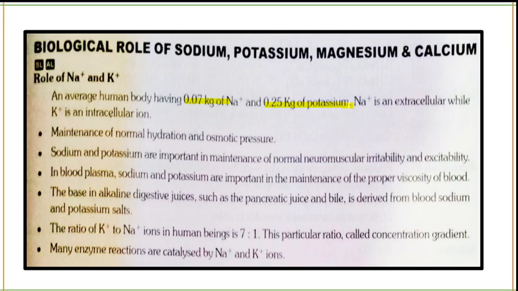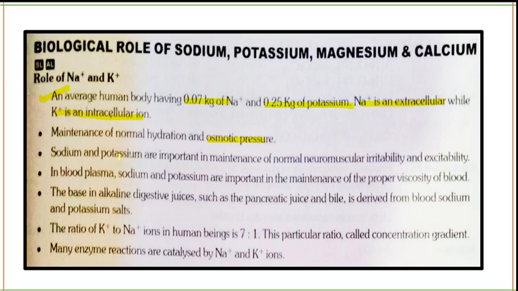What you need to remember is that sodium ion is extracellular while potassium ion is intracellular. This is a very important point. Second is the maintenance of normal hydration and osmotic pressure. Yes, sodium and potassium together maintain the osmotic pressure.